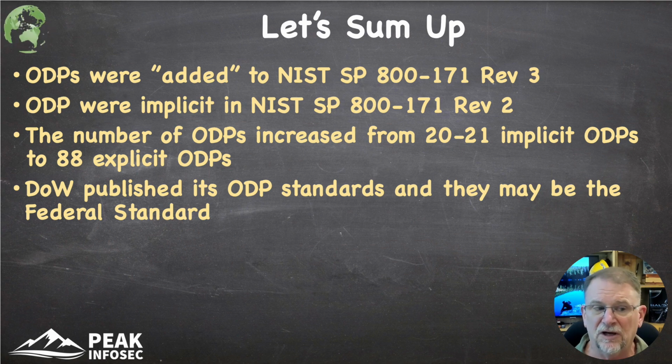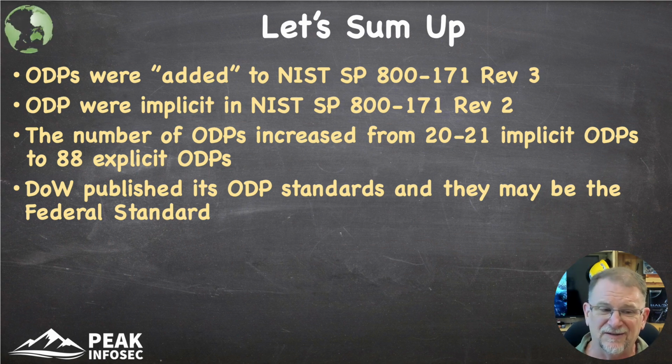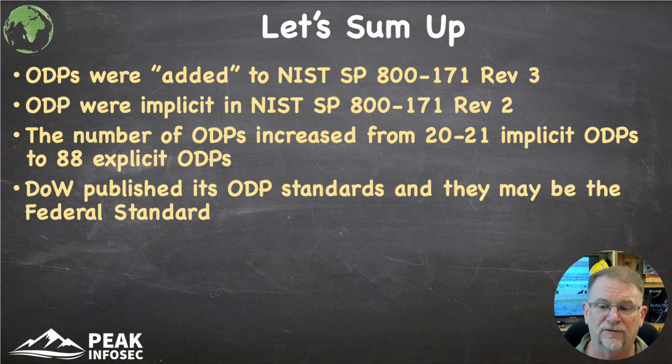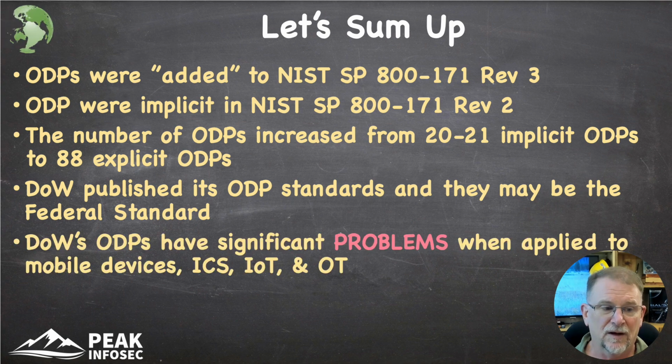DOW published its ODP standards, and they may become the new federal standard. If you're watching this and thinking about how this applies to all of your other systems, such as universities and financial aid information, start considering this. Those ODPs have significant problems when applied to mobile devices, industrial control systems, IoT, and operational technologies within the DIB, and even more so outside of the DIB.